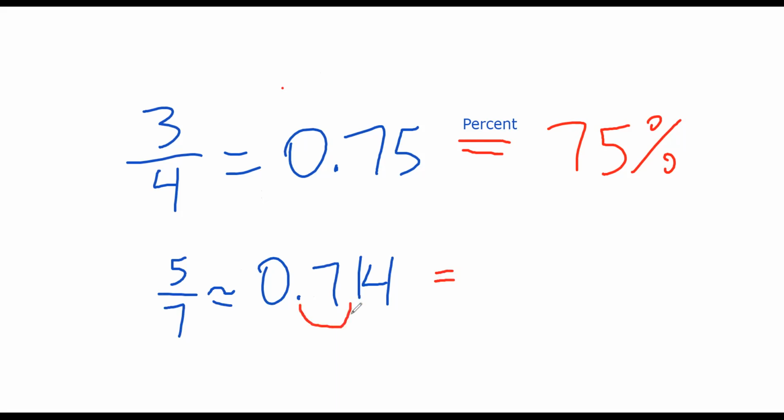We'll move that decimal point 2 places to the right, and now we have 71.4%. It's just a matter of how much precision you want. You can literally just do 5 divided by 7 in the calculator.